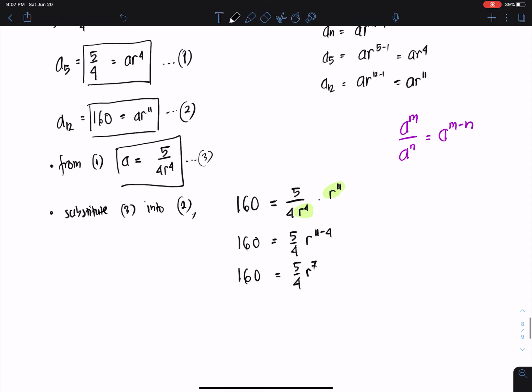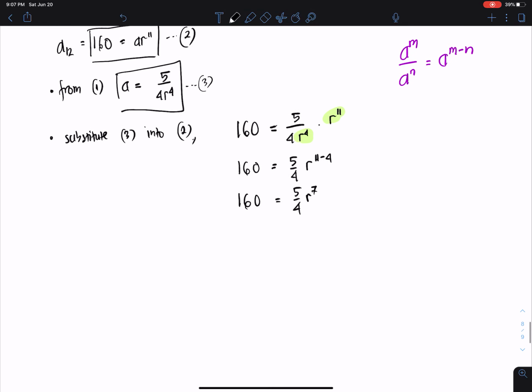The next step we can solve by doing mathematical manipulations. Cross multiplying, we will have 160 times 4 over 5 equal to r to the power of 7.